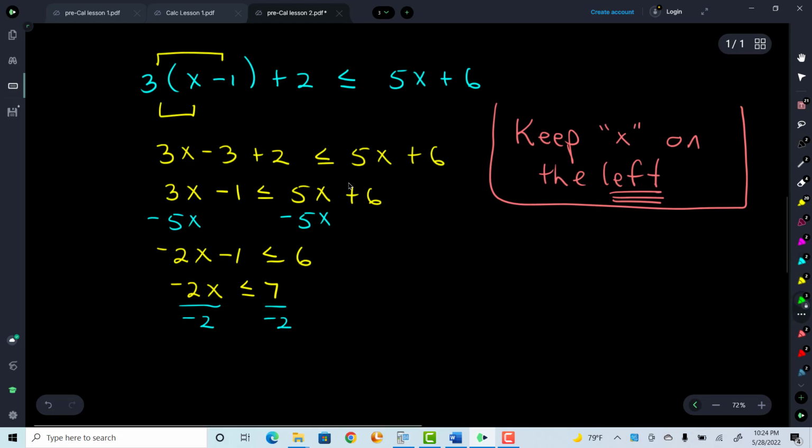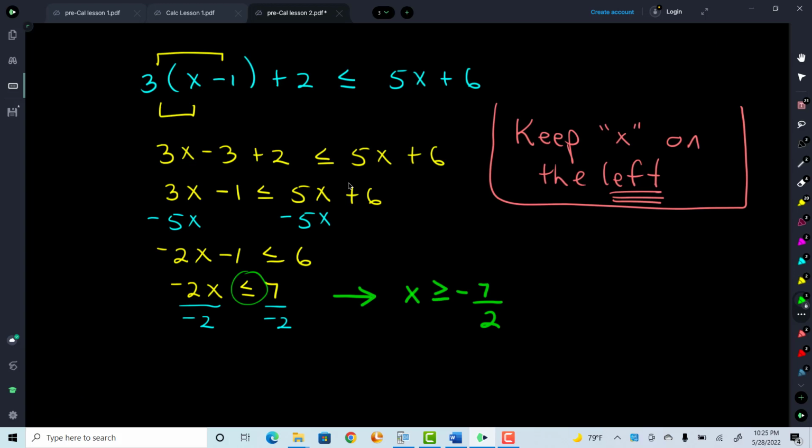Now, does anyone remember what we do with an inequality when we divide by a negative number? We flip the inequality. So this becomes greater than or equal to negative 7 over 2. Okay, I want the x on the left.